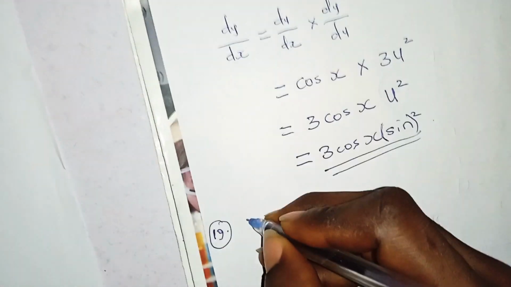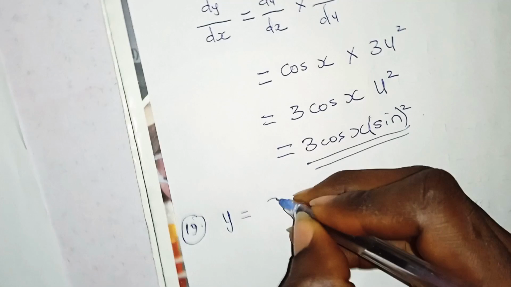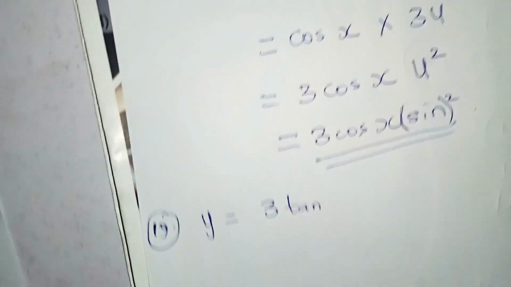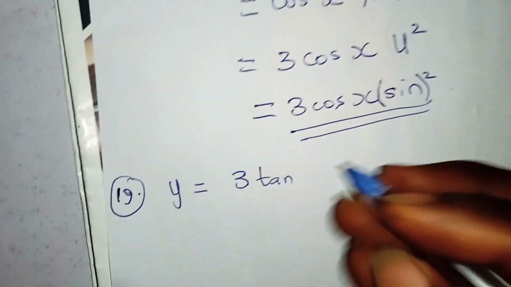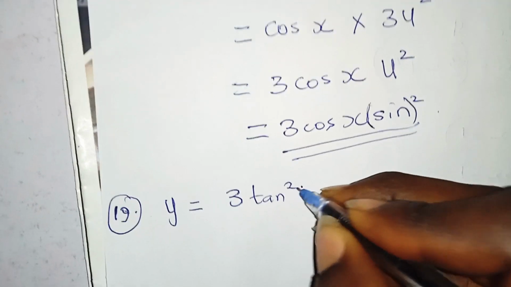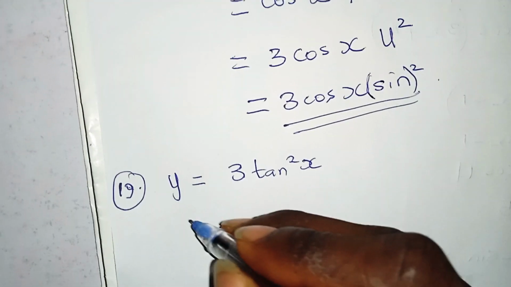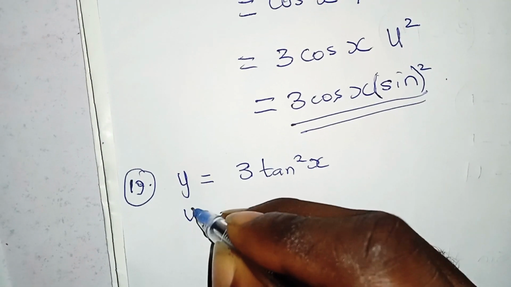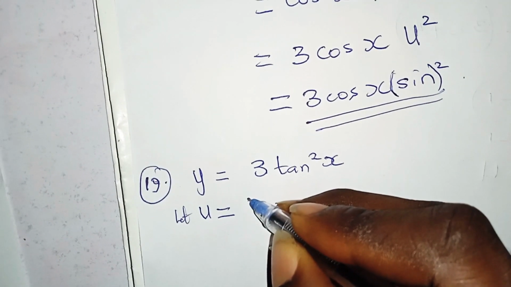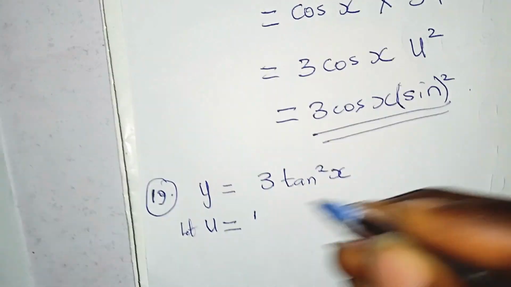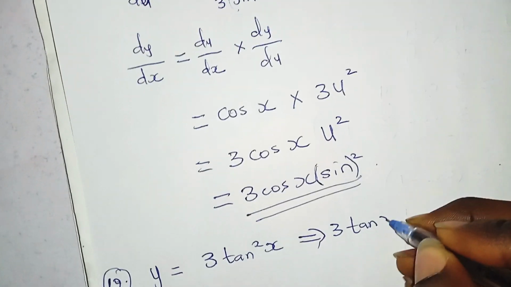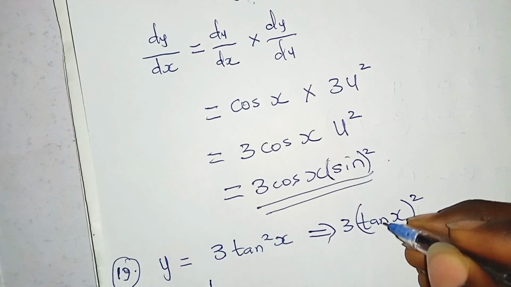Question 19. We have y equals 3 tan squared x. First of all, write this as the same thing as 3 tan x all squared.